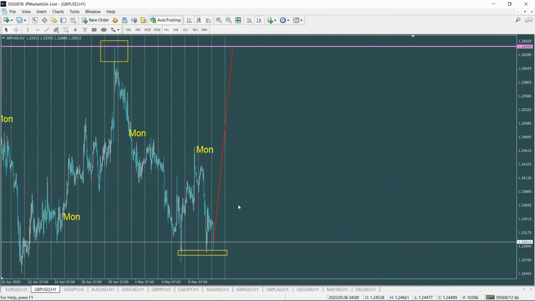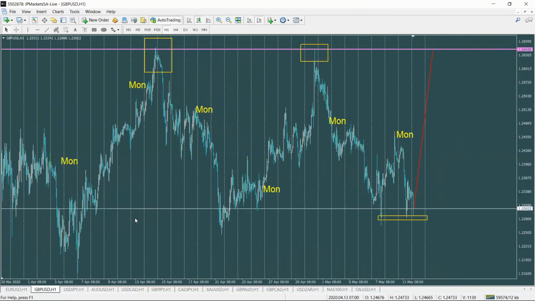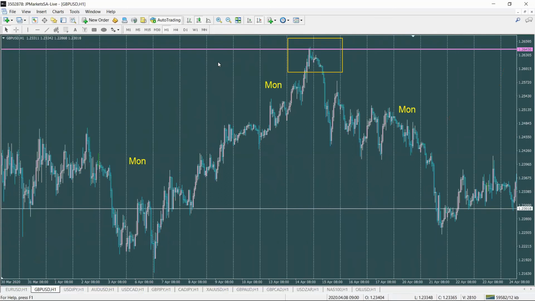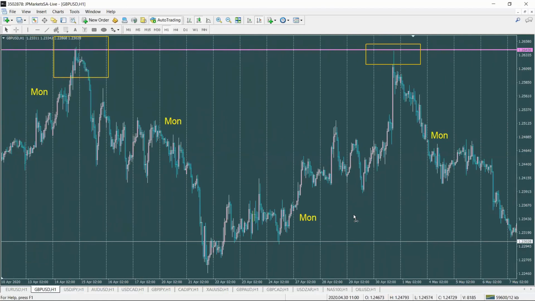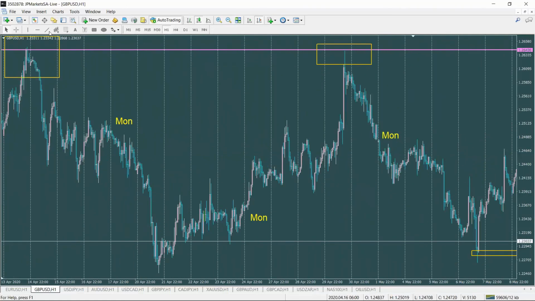conclude my GBP for this week. And I don't know if most traders have realized the pattern that GBP has been doing. It's been doing a very interesting pattern whereby it falls for a week and then rises for a week, and then again falls for a week.